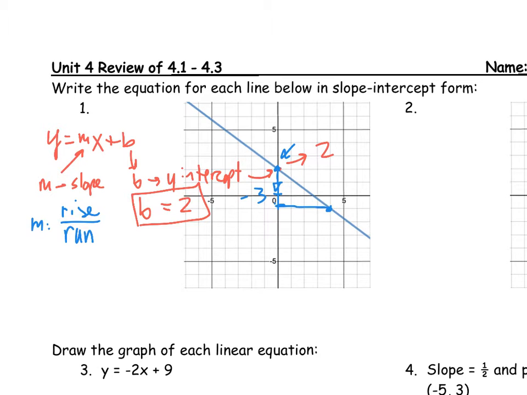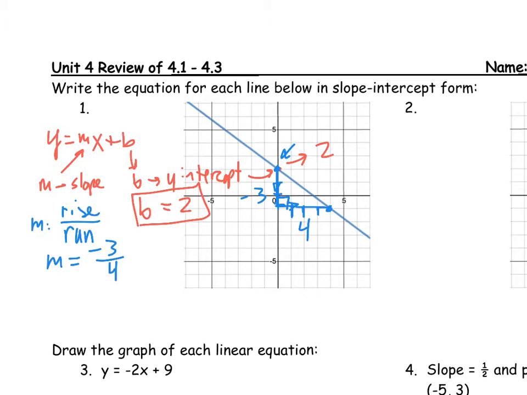So that's -3. That's my rise. It's actually a drop. And then my run, going in this direction around that right angle, I got 1, 2, 3, 4. That's +4. So rise over run, my slope would be -3 over 4.